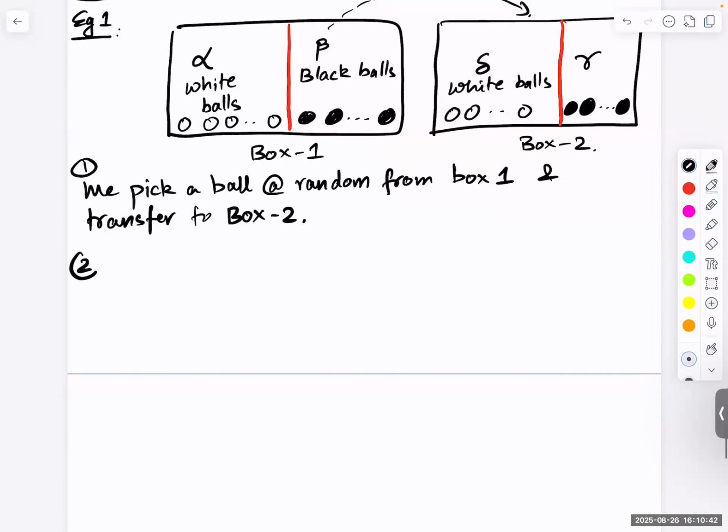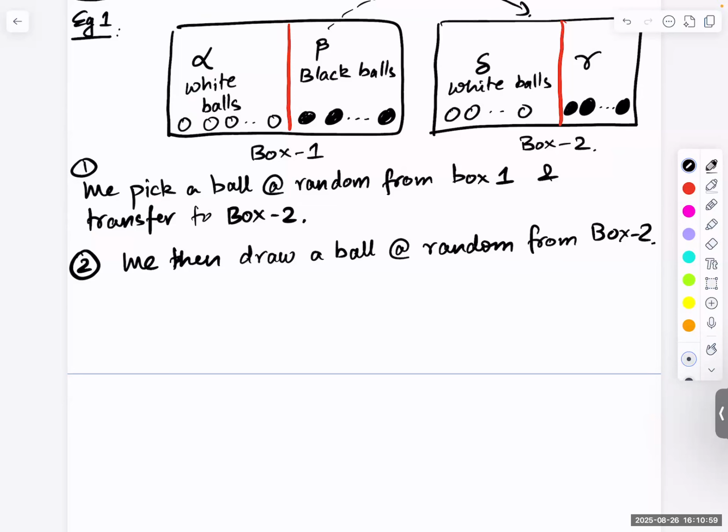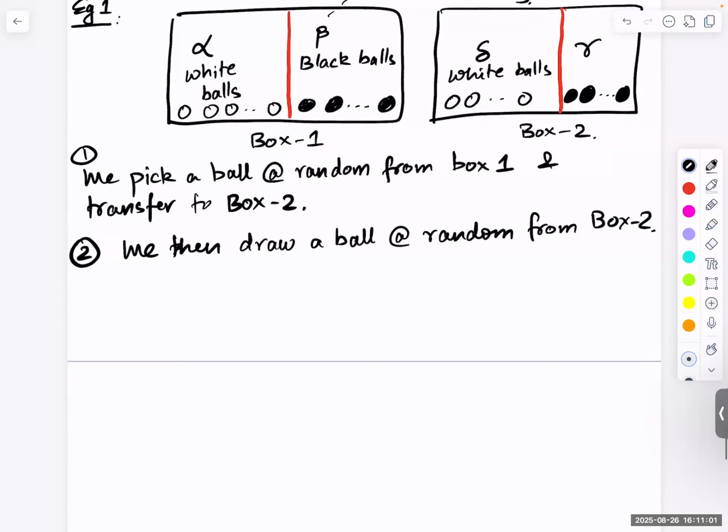Then what's the next thing we do? We draw a ball at random from box 2. And now here's the event we're interested in. What is the probability it will be a white ball?